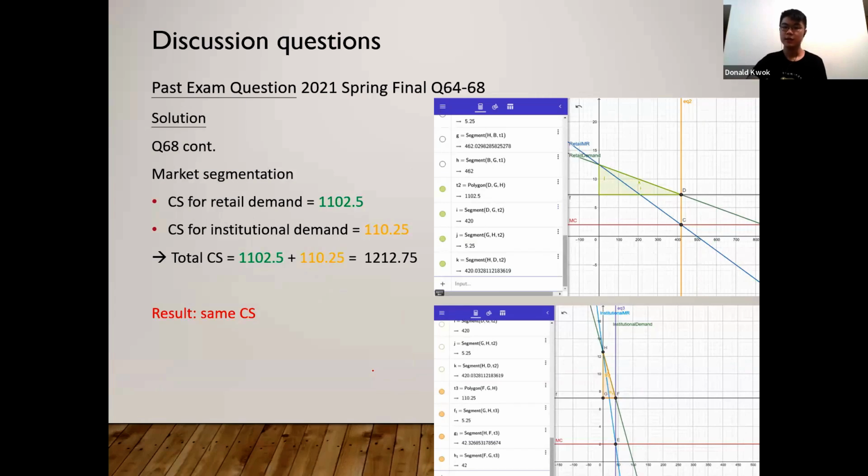Using the retail demand curve, we have the consumer surplus 1,102.5, the green triangle here. And using the institutional demand, we have the orange triangle, consumer surplus 110.25. If you sum the areas of the green triangle and the orange triangle, the total consumer surplus is 1,212.75, the same result as in simple monopoly pricing.